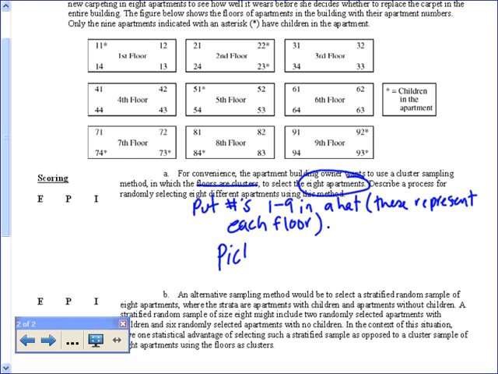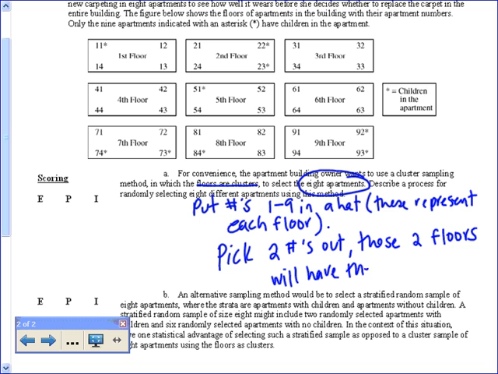Pick 2 numbers out. Those 2 floors will have their apartments carpeted. 4 on each, so we're good to go.